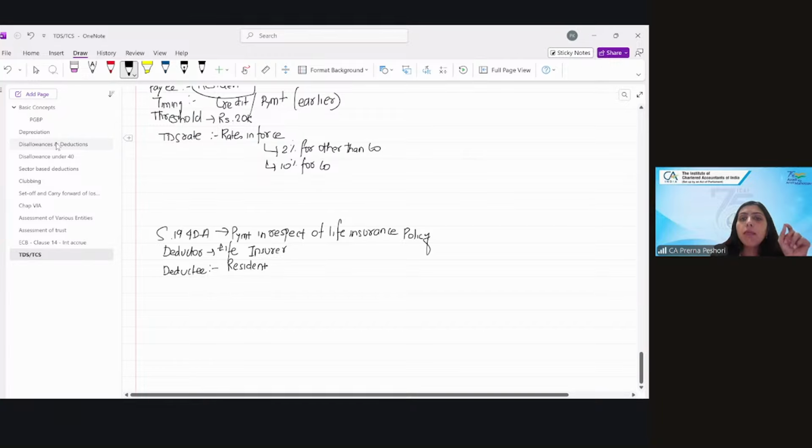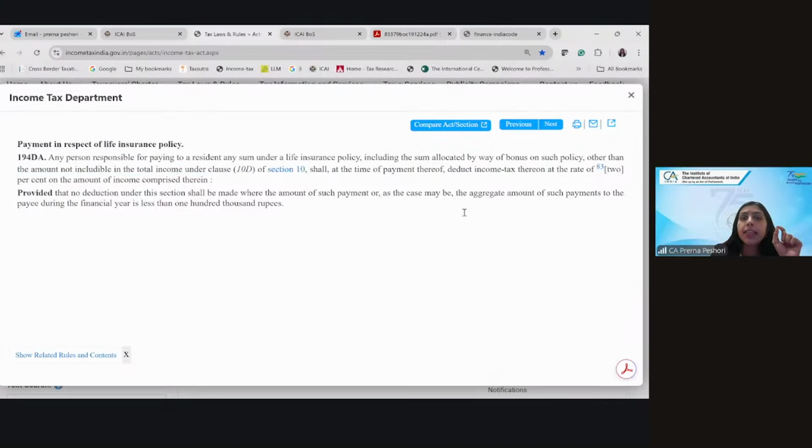So premium is less than 10% or 15% of the sum assured, and it does not exceed rupees 5 lakh. Then the sum received on the life insurance will be exempt under 10(10D).